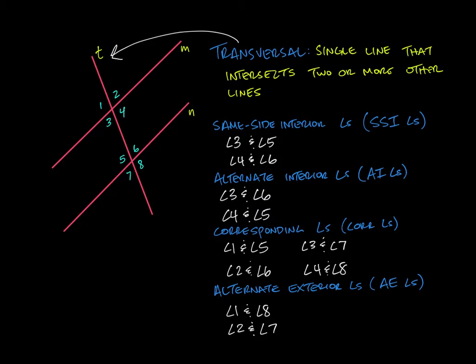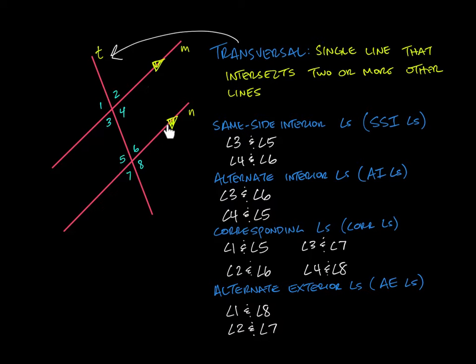So the next thing we're going to take a look at is what happens when line M would be parallel to line N. So I'm going to put these markings on there to show now that they're parallel. Because when that happens, there are some important relationships that occur between these pairs of angles. And let's start with same-side interior angles.